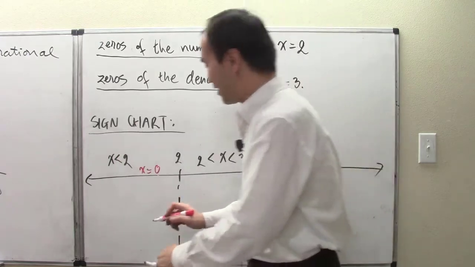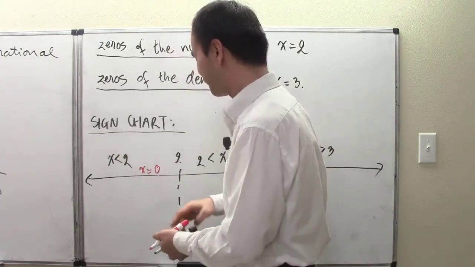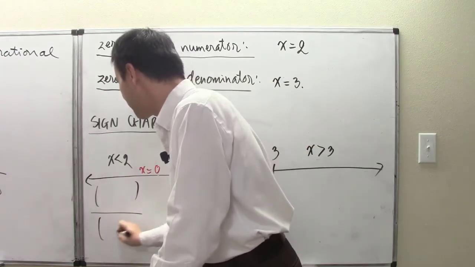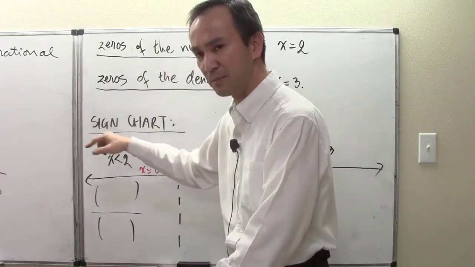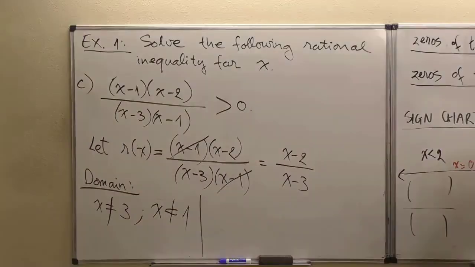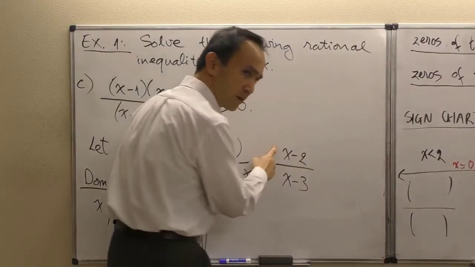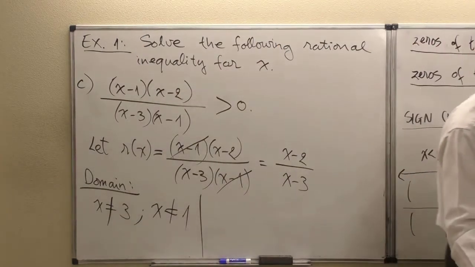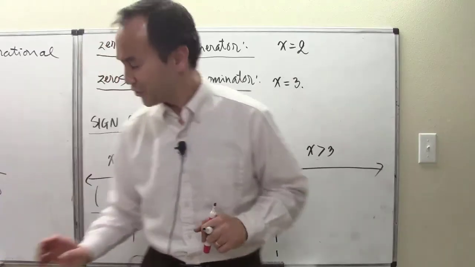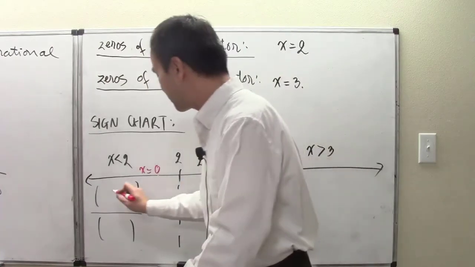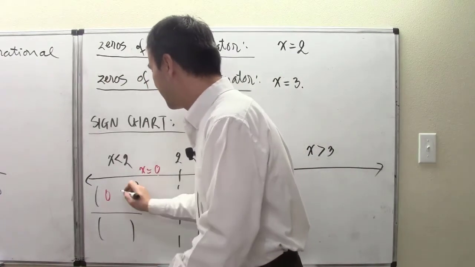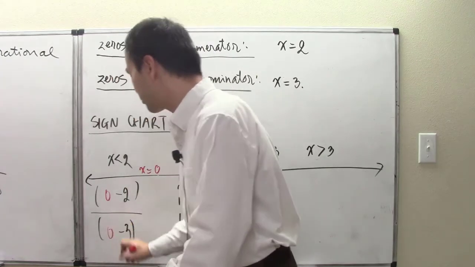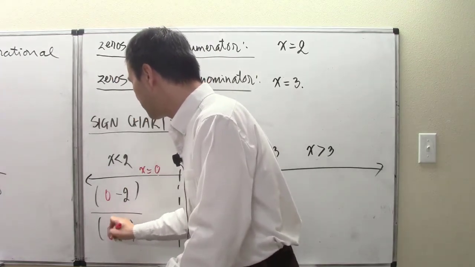Here's how I'm seeing it: in my final simplified rational expression, x minus 2 over x minus 3, I'm going to go 0 minus 2 over 0 minus 3.